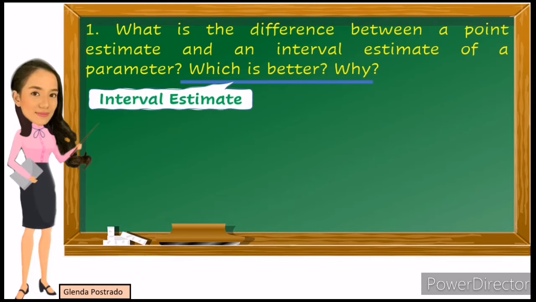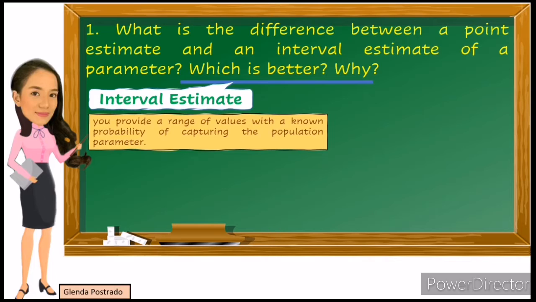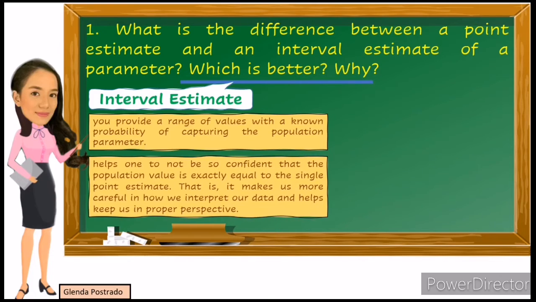The answer is interval estimate, because in here, you provide a range of values with a known probability of capturing the population parameter. It helps one to not be so confident that the population value is exactly equal to the single point estimate. That is, it makes us more careful in how we interpret our data and helps keep us in proper perspective.